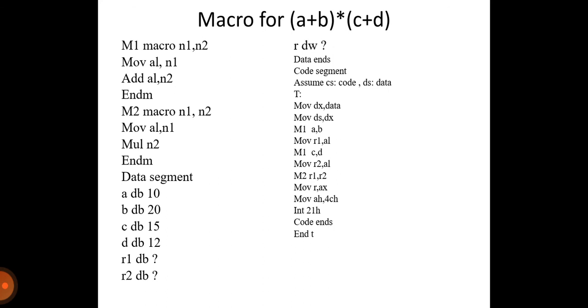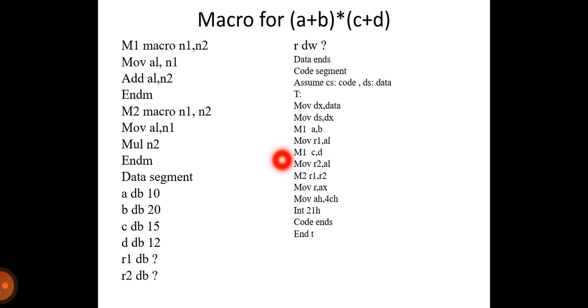Macro for a plus b into c plus d. I have written macros: one macro is for addition, one macro is for multiplication. The addition macro will be called two times, one for addition of a plus b and one for addition of c and d.